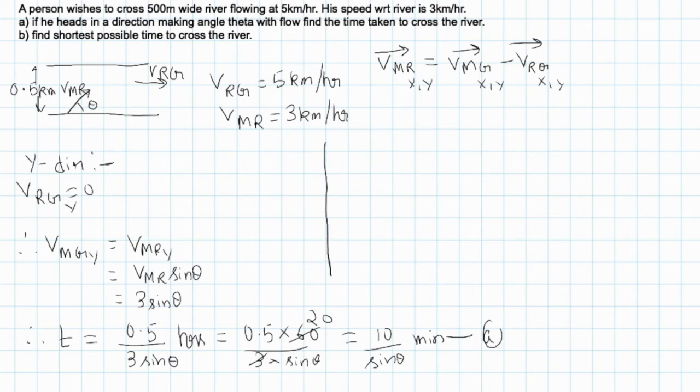Now for the second part, the shortest possible time, we know that the velocity of m with respect to r has to be vertical, like this. So for this to be vertical, theta has to be 90 degrees.